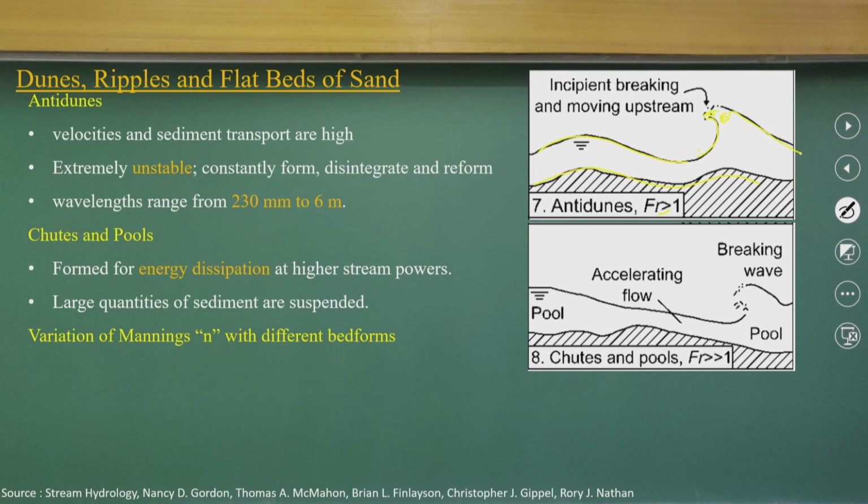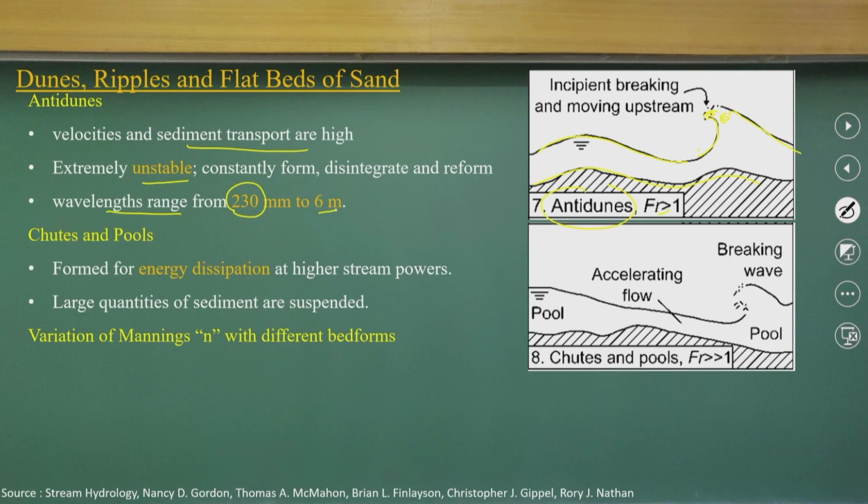That is antidune formation, which happens when the flow Froude number is greater than 1. The velocity and sediment transport are high, and extremely unstable conditions occur. The wavelength ranges from 230 millimeters up to 6 meters.